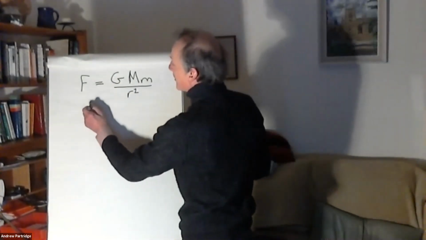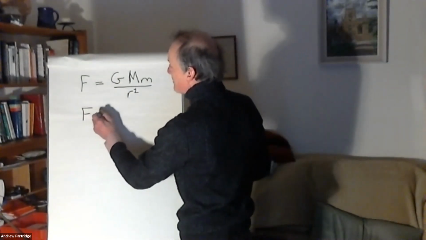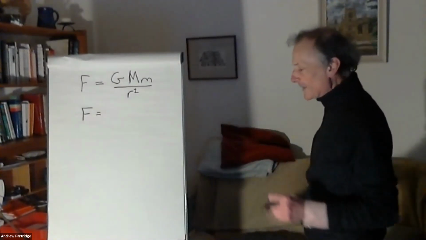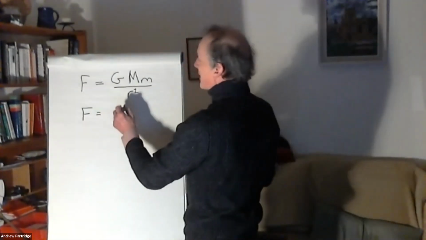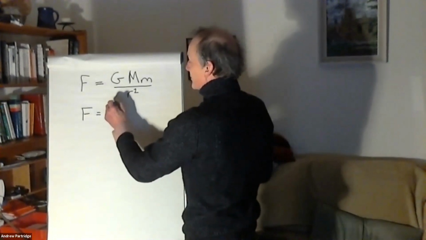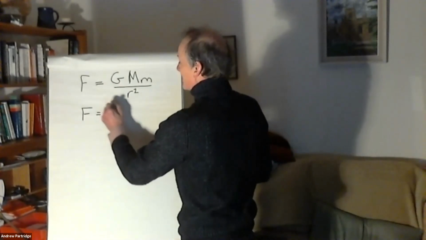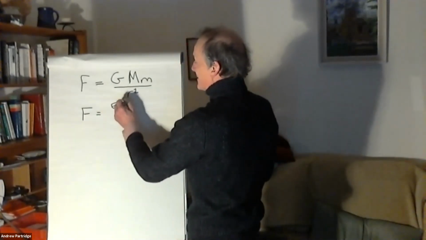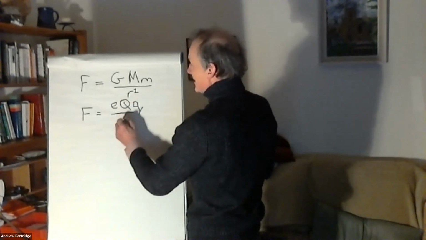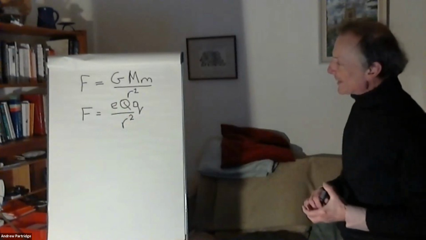Well, now Coulomb discovered by charging up pith balls and observing how strongly they repelled each other, that there's a very similar sort of force, where the expression for a charge is usually Q. The electric force between two things is exactly the same.